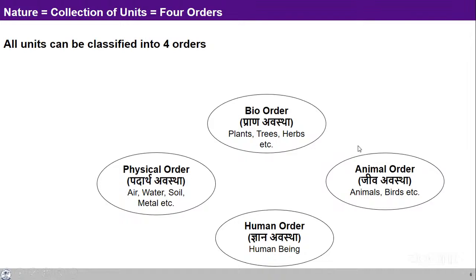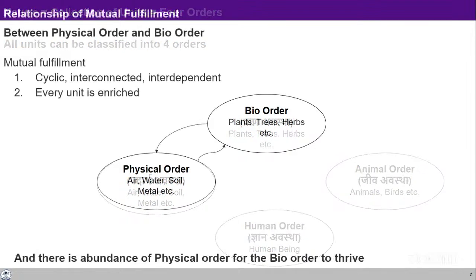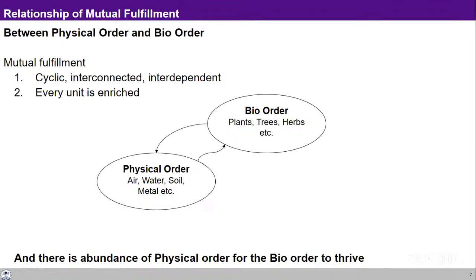And what about the activities between the orders? What about the interconnectedness between the orders? If we take each of the orders separately, we can see that there is an interconnectedness, interdependence between the orders, between physical order and bio order.